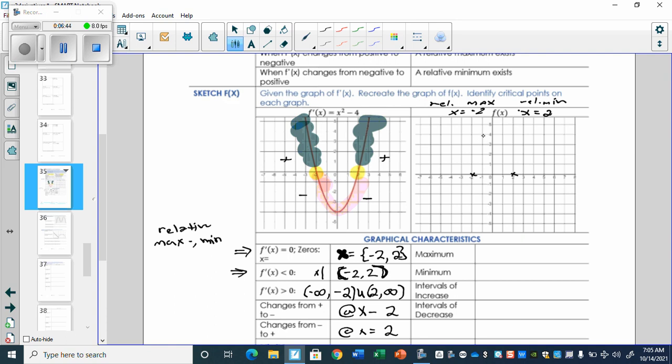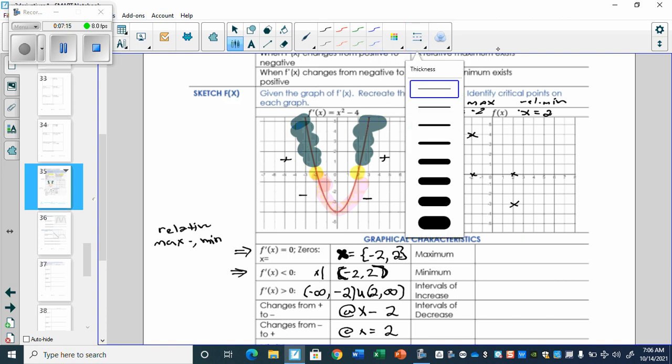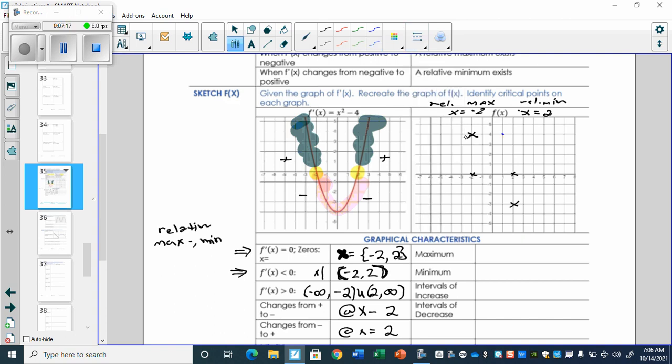So I don't know what the y value would be, but let's just say we have a relative maximum. So this can be our maximum, and just for emphasis, this could be our minimum. Okay? Now, since I have a maximum there, that means when I sketch this, and I'm just going to do a sketch, guys, it should look something like this.